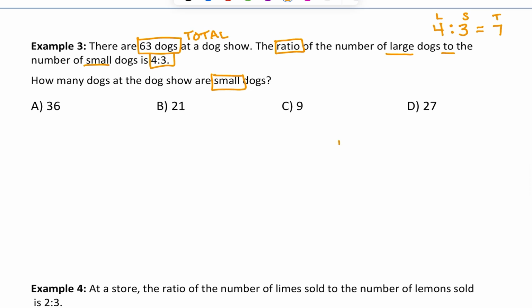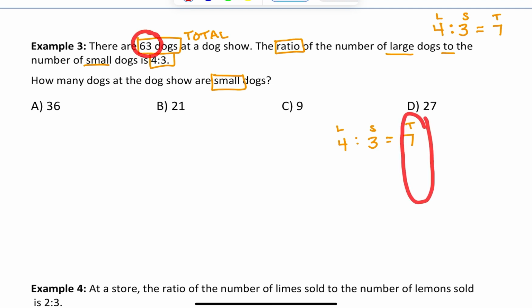So right now I have 4 large, 3 small, and my total is 7. I need to have a total of 63. So we are going to skip count our 7s until we get to 63 because that is my total. So let's count by 7.